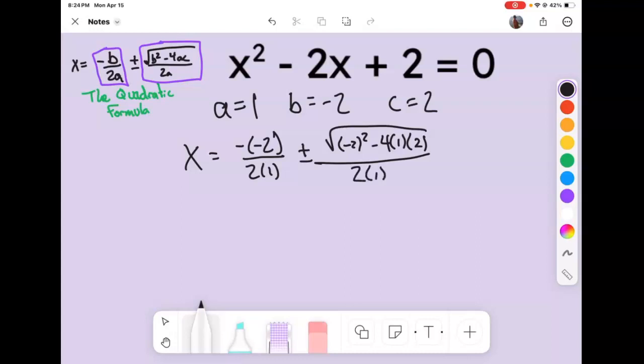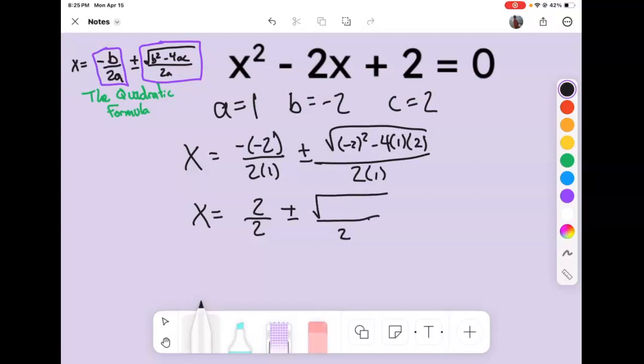Now, when you're working on these problems, for the first few, I would suggest you simply replace the values like we just did here. As you get going, you can recognize that you can do some of this simplification as you're going through. 2 times 1, you don't need to write 2 times 1 because you know what 2 times 1 is.